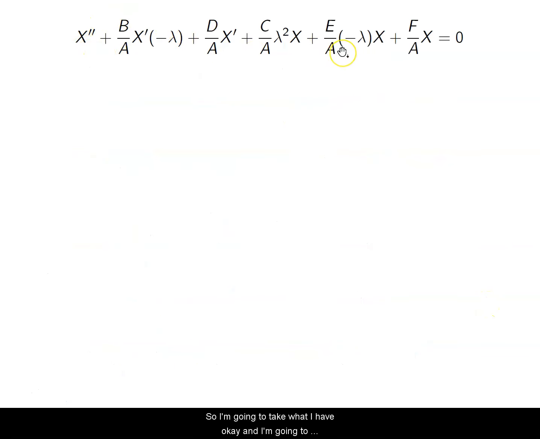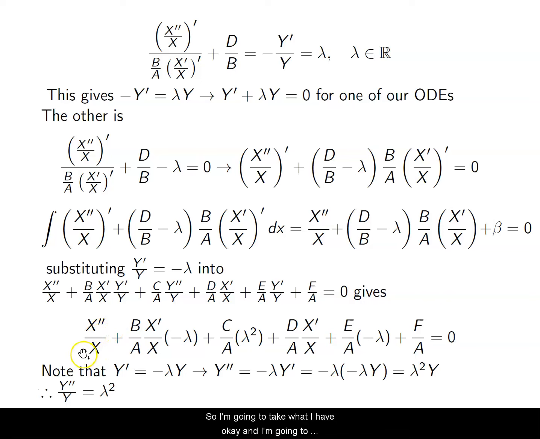So I'm going to take what I have and multiply everything times x, right? I would like to not have any denominators, if possible. Just like we did for y prime plus lambda y equals 0, we got rid of the rational function notation. So I'm going to multiply everything times x so that I don't have any more fractions.